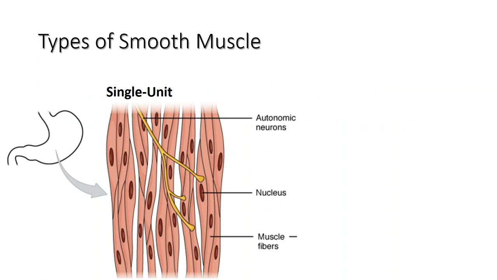Smooth muscles can be placed into one of two groups based on the electrical characteristics of their plasma membrane: single unit smooth muscles and multi-unit smooth muscles. The two types have different locations in the body and have different characteristics.